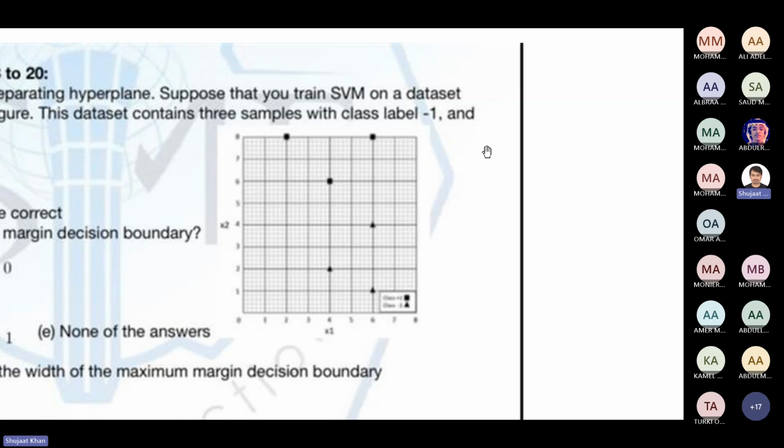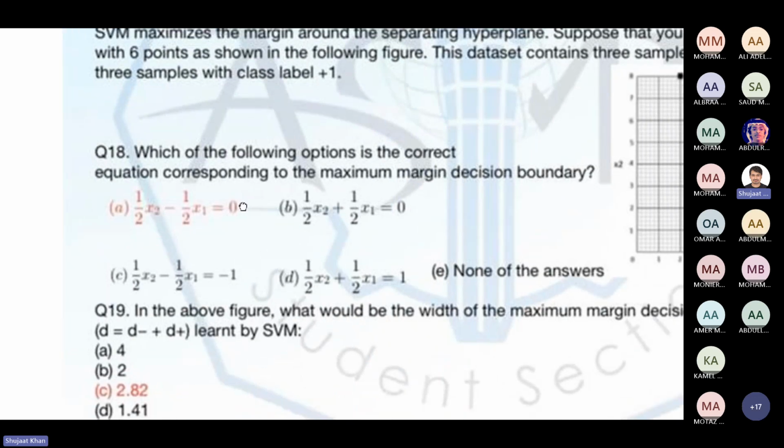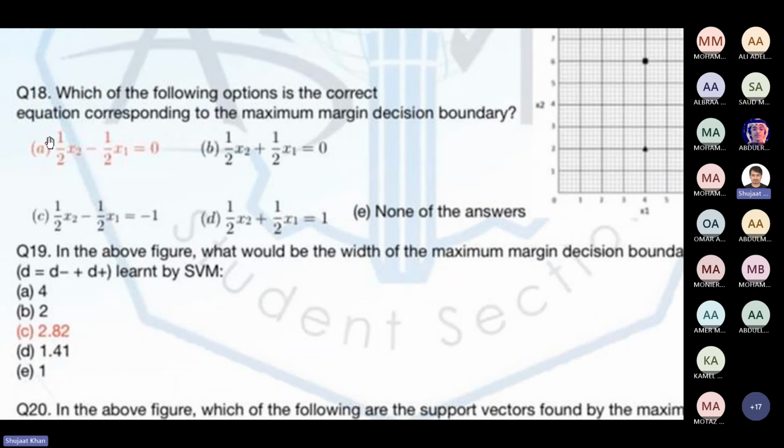Any confusion here? All of you can see it easily? Okay, it's clear. Now the question is which of the following options is correct corresponding to the maximum margin decision boundary. What does it mean?